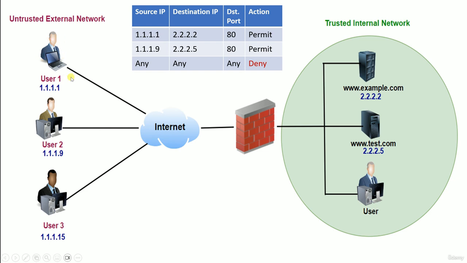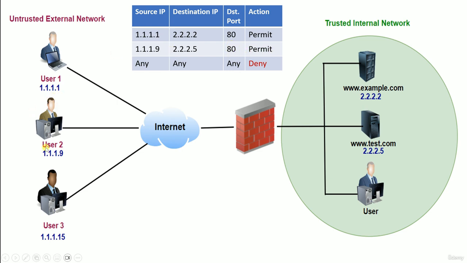This means when this user wants to connect to example.com, this traffic would be permitted to pass to the destination, and he'll get the response from the server or the application. Similarly, I have another valid rule for user 2, who has the IP 1.1.1.9, for the application test.com, again for the HTTP transaction, and this is also set to permit.